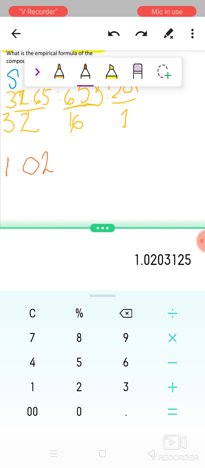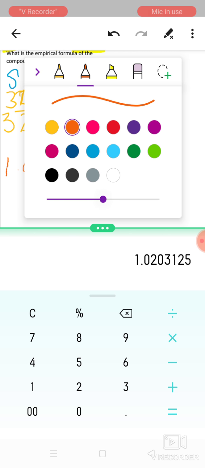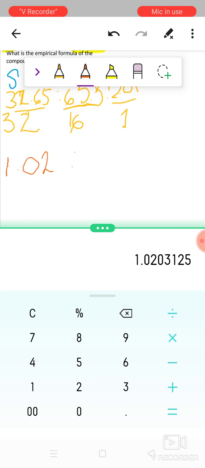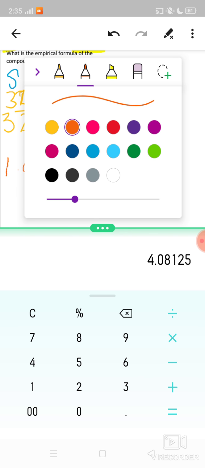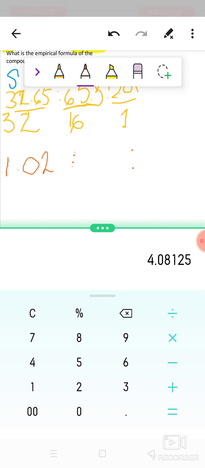Then we have 65.3 divided by 16, which is 4.08.